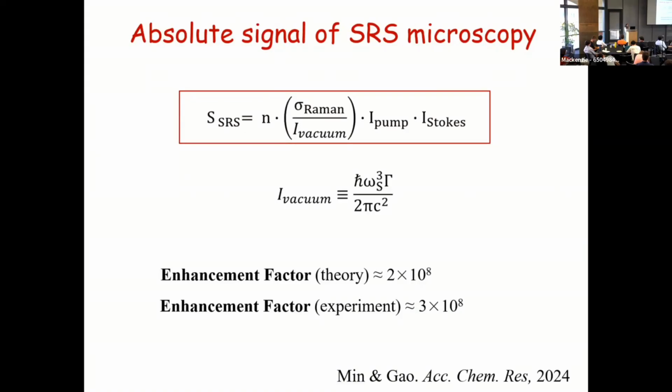If we convert everything from photon flux into commonly used energy flux, then we can rewrite the SRS signal, for example, stimulated Raman gain, to be a product of the number of molecules inside the focal volume, the incident intensities of the pump and Stokes beams, and the commonly used Raman cross-section that people have documented in the literature, divided by this I vacuum. And I vacuum is basically the previous vacuum photon flux multiplied by the energy of the photons.